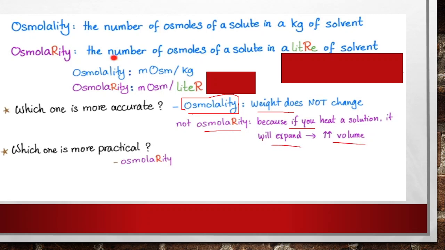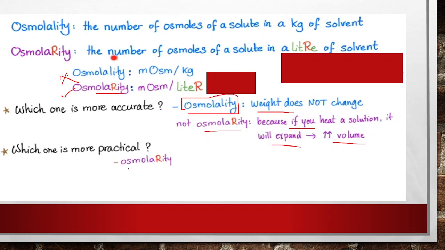So change in volume will take place, which will decrease the osmolarity. With heat, osmolality will not change, whereas in case of osmolarity, when you heat the solution the osmolarity will change, and hence it is not so accurate as compared to osmolality.